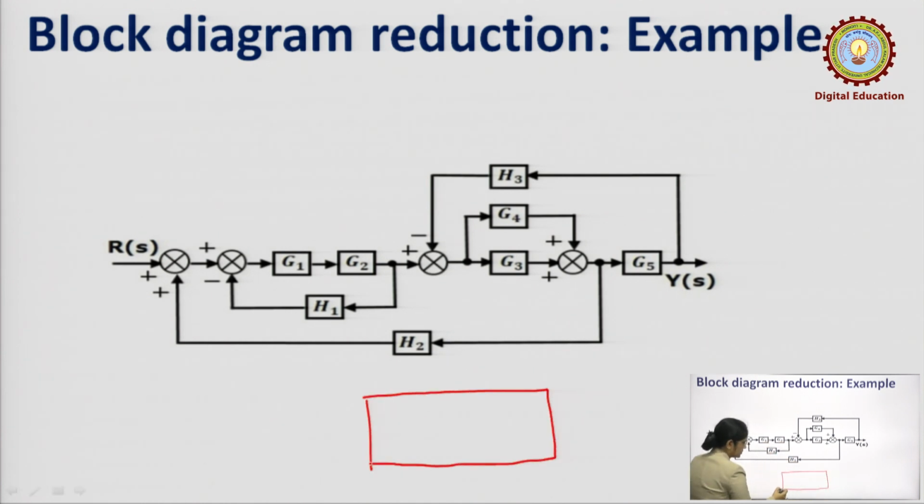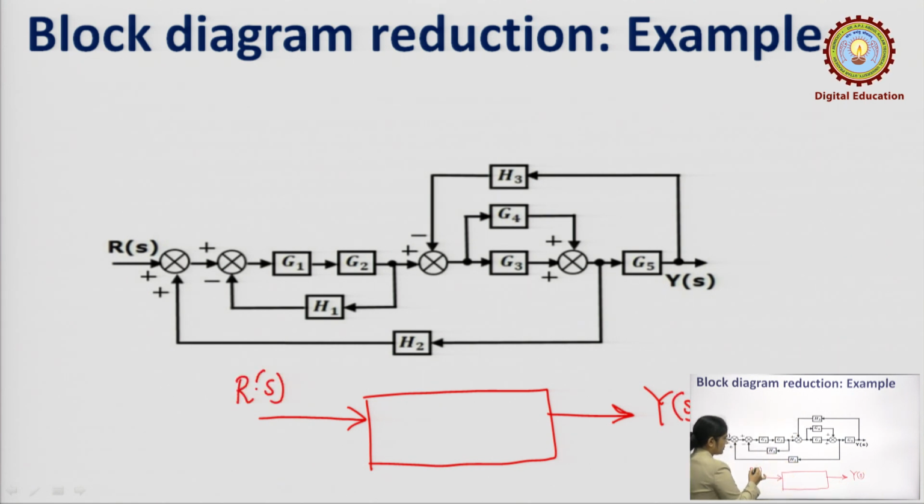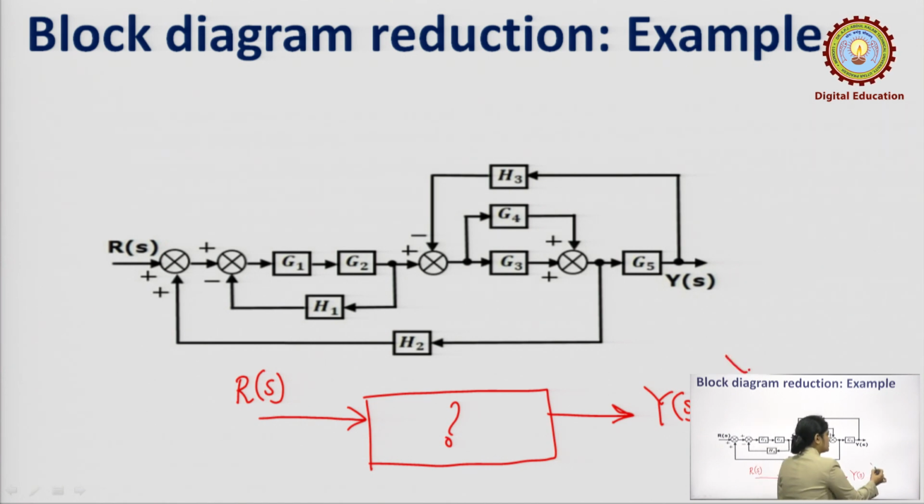Let us see what the transfer function of that is. Transfer function is output upon input. Here the input is R(s) and the output is Y(s). We have to find out, using the different reduction techniques, the transfer function Y(s) upon R(s). Once we know the components of this, then the analysis of a particular system could be done.